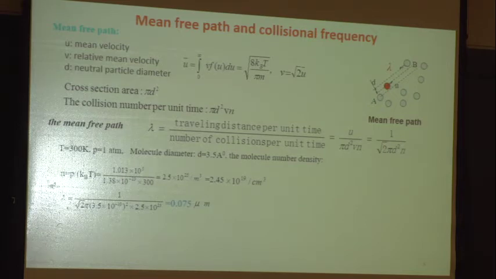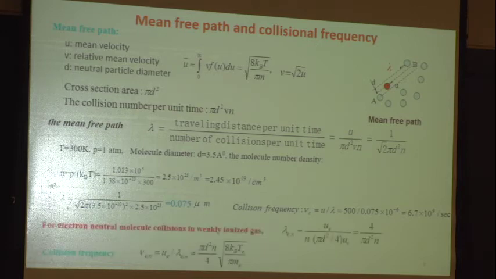If you're talking about electrons, the electrons are much smaller than the neutral gas, and much faster too. The electron-neutral collisions will be the electron velocity times the cross-section area. This cross-section is divided by 4 because the electron cross-section area is very small.